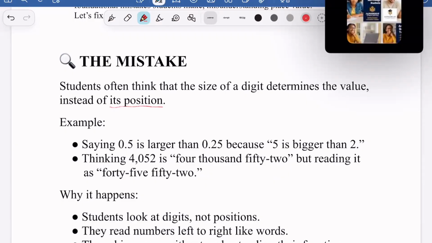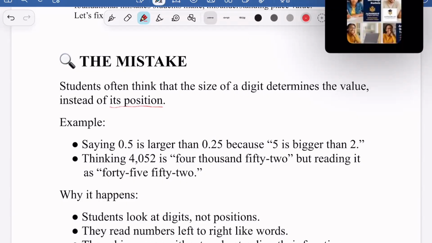For example, saying 0.5 is bigger than 0.25 because 5 is bigger than 2. They just assume that because 5 is bigger than 2, that is why 0.5 is bigger than 0.25. They need to understand the logic behind positions.